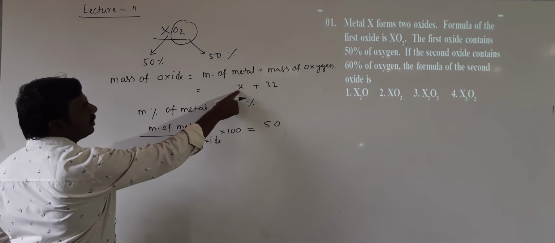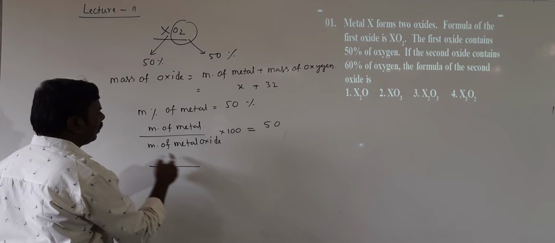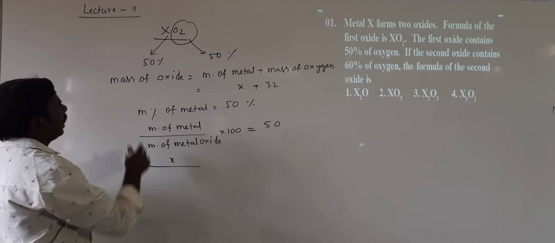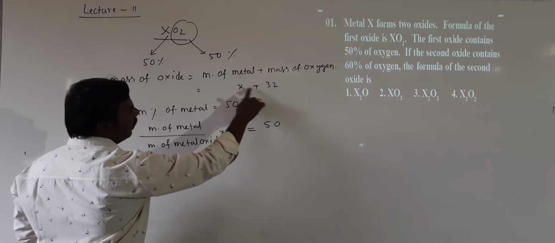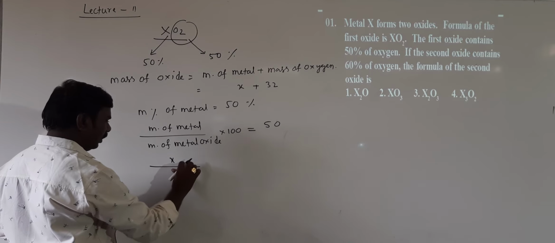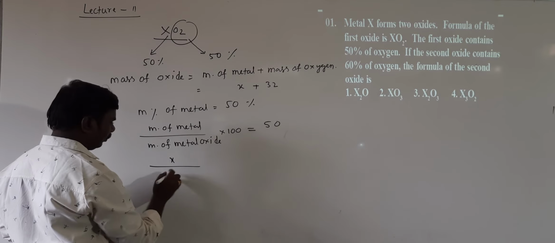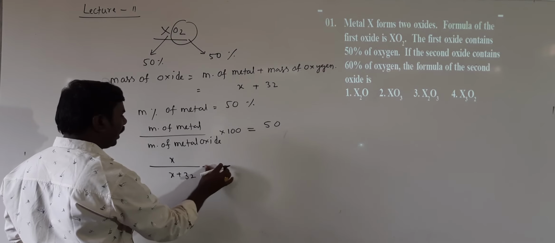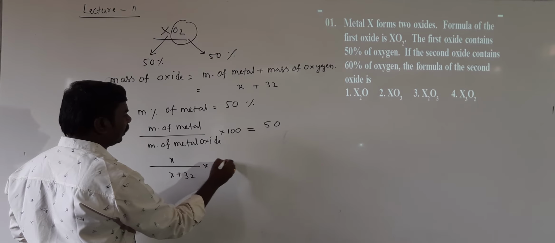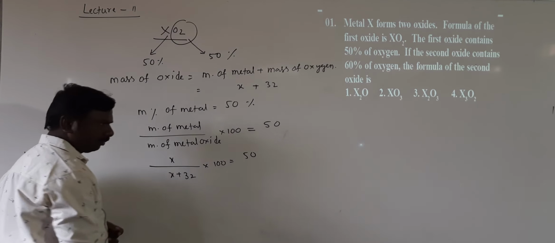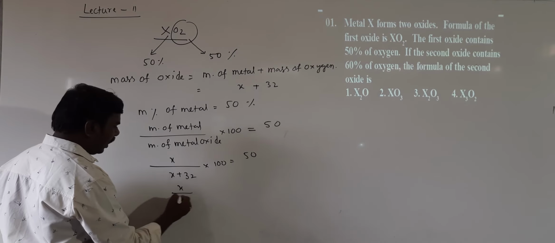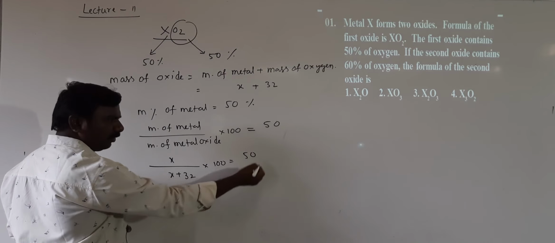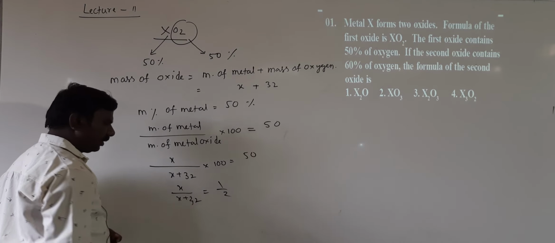Mass of metal is X, and mass of metal oxide is X plus 32. So X by X plus 32 into 100 equals 50, so X by X plus 32 equals 50 by 100, that is 1 by 2.